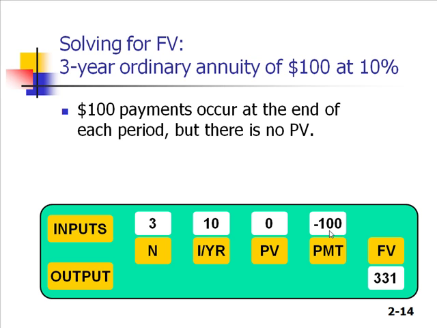And since we're investing that amount, I'd put that in as a negative number, and then you solve for the future value, and you'll end up with $331, which of course is the amount that you're supposed to get. Okay, so that's how to do the future value for an annuity.